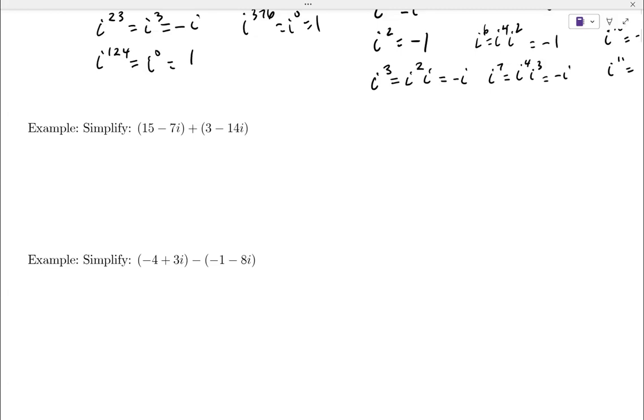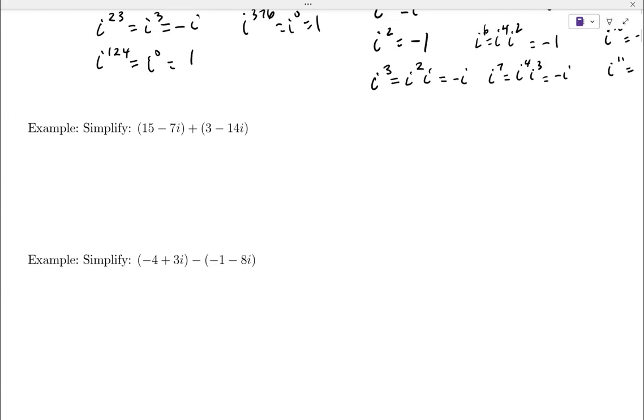If these were x's instead of i's, what would you do if you wanted to add or subtract? What would you get for the first one? Yeah, that's right.